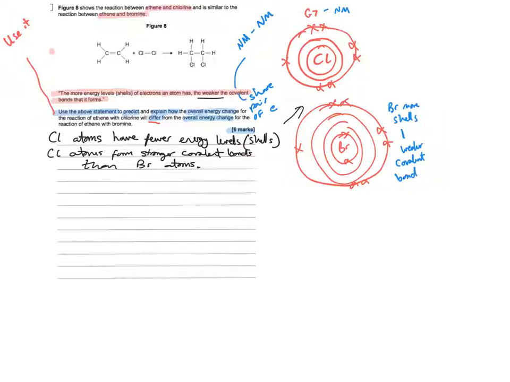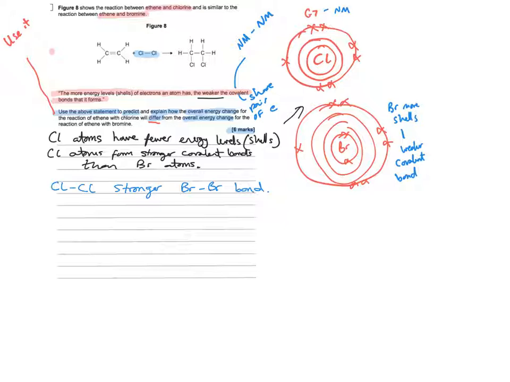So the next step is to look at which covalent bonds the chlorine makes. I can see that there's a chlorine-chlorine bond there. If it makes a stronger bond, the chlorine-chlorine bond will be stronger than the previous bromine-bromine bond.